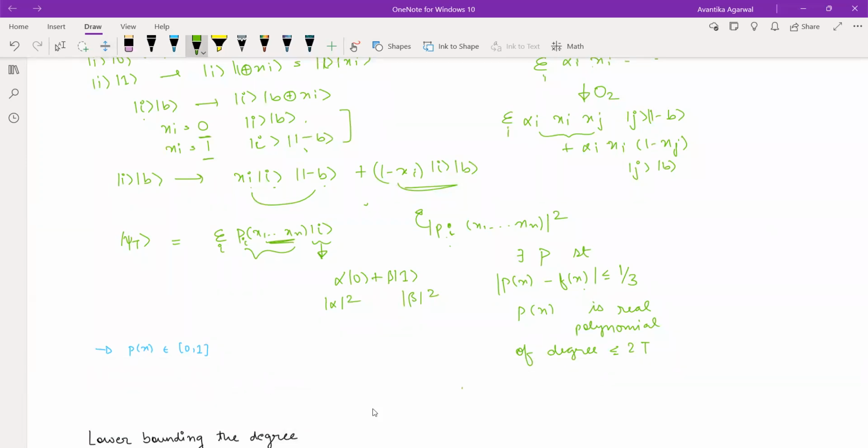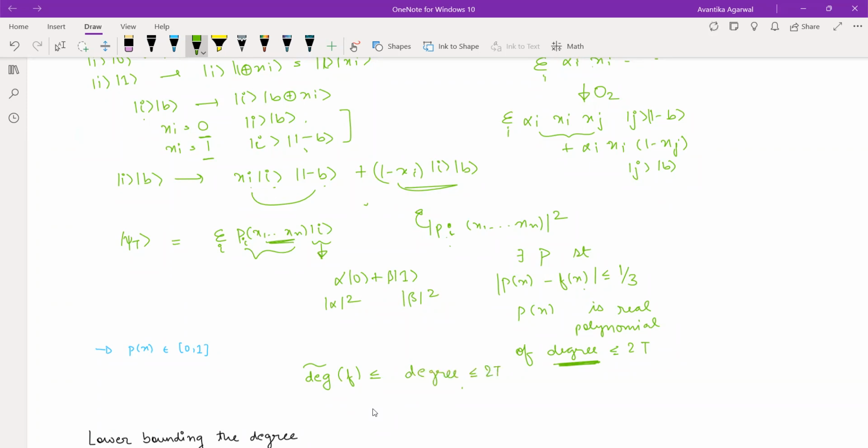By doing this much, we have shown that there exists a polynomial which has degree less than or equal to 2t and approximates f. By the definition of approximate degree, the approximate degree of f must be less than or equal to this degree, because we have already shown that there is a polynomial of this degree which approximates f. So the minimum degree of a polynomial approximating f must be less than or equal to this degree.